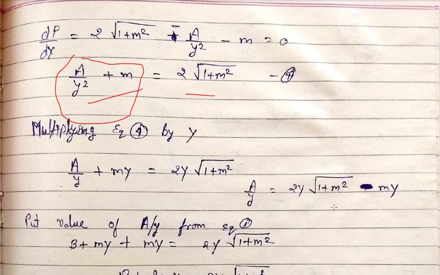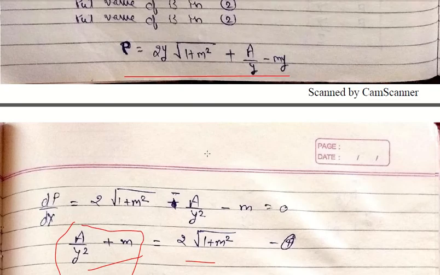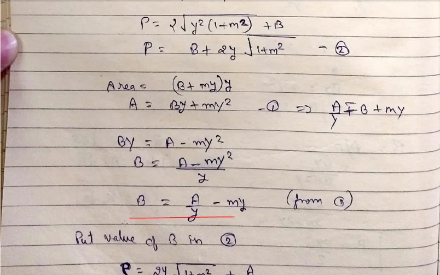So here this term is A by y equals to b plus m y. So here b equals to A by y minus m y. So m y is here, so A by y equals to b plus m y.